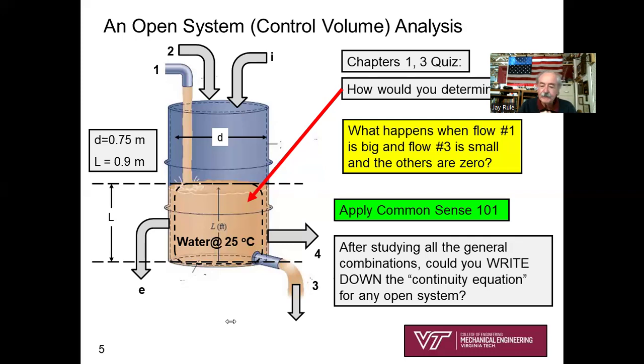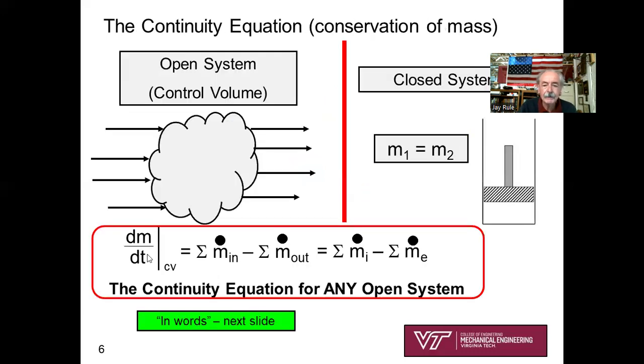After thinking about all that, could you write down the continuity equation for any open system without going to the textbook, without looking for a formula? Could you create that formula on your own? Could you come up with the governing equation, the fundamental? I'll bet you could. All right, so let's do that.